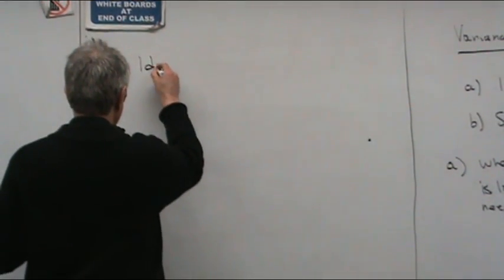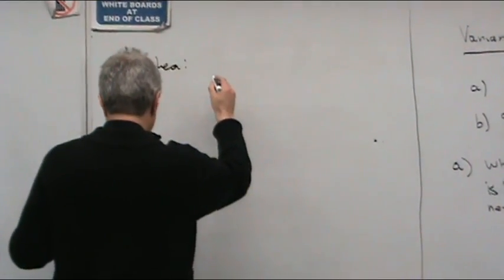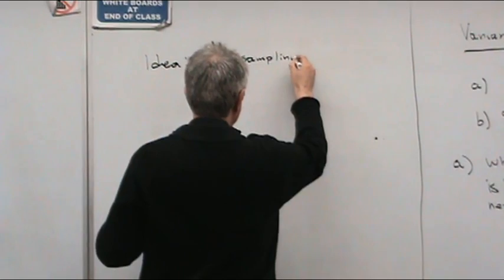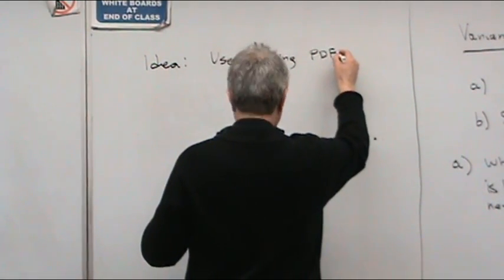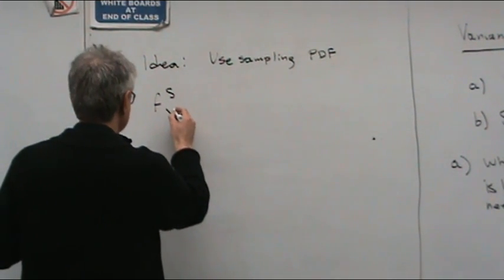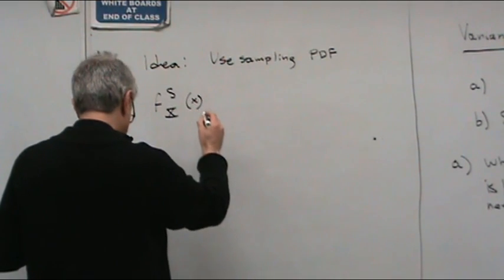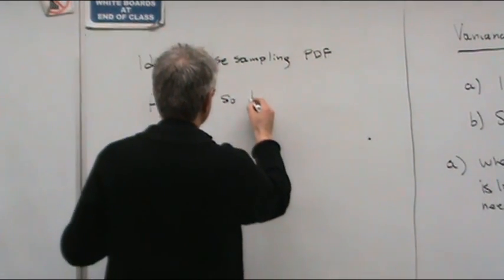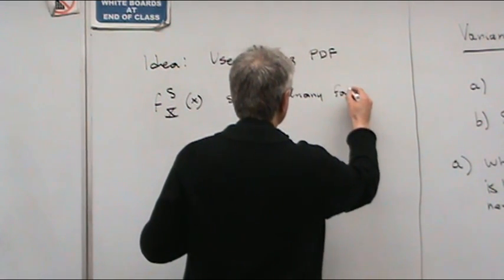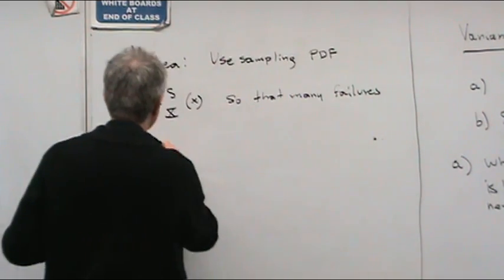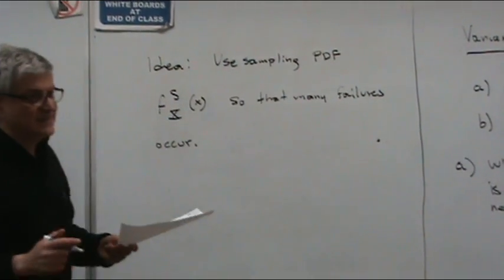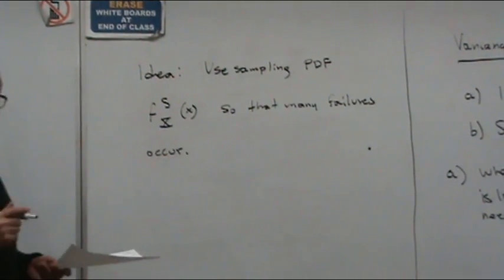So the idea: use a sampling PDF, f subscript S, so that many failures occur. Okay, then you scale every failure by the likelihood ratio.